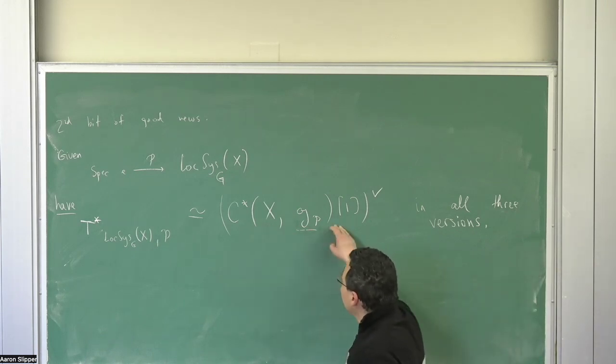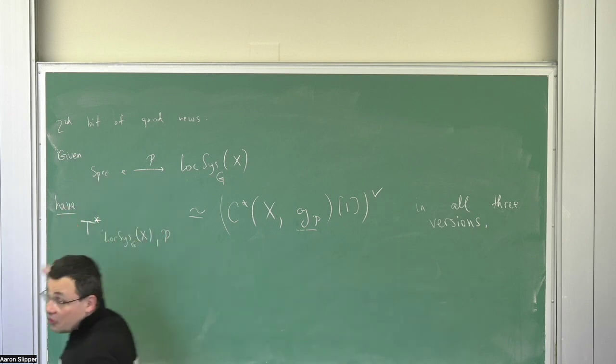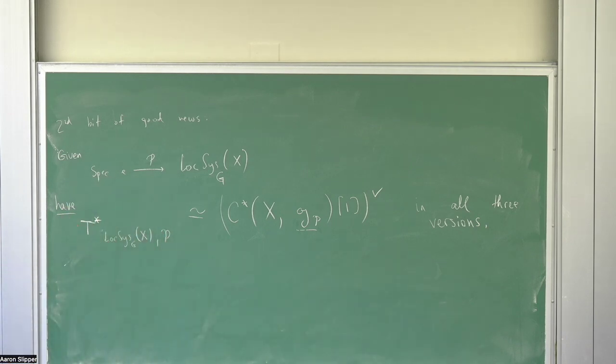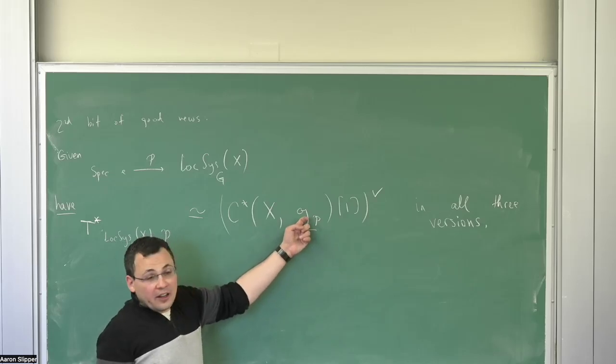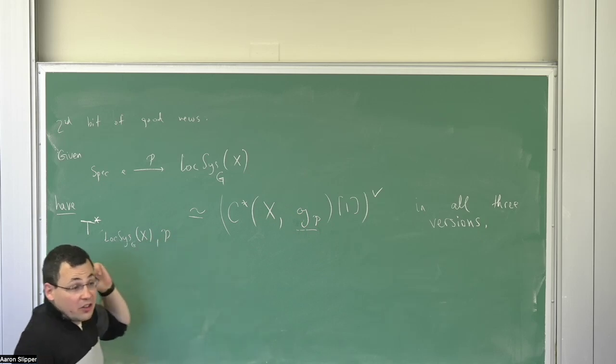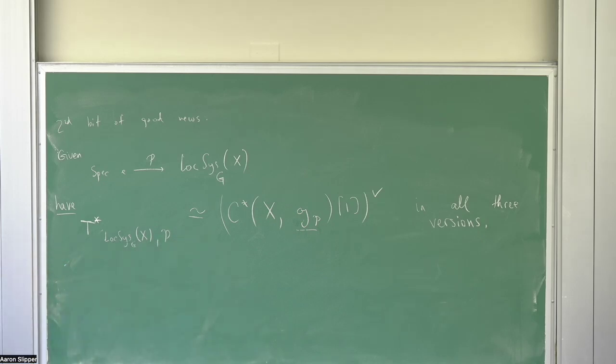Maybe the easiest is to compute it in one of the other cases. There's a general formula for the cotangent complex of a mapping stack. If you apply that, you get this, using the fact that the dual of this, with a shift, is the cotangent complex of DG. I think I also talked about this a while back.